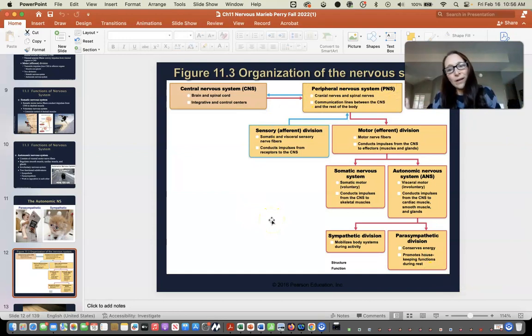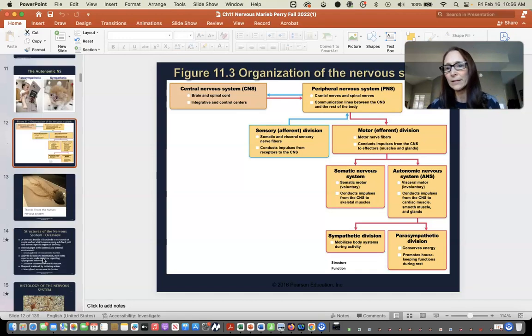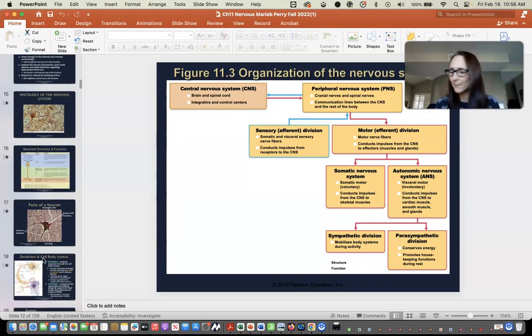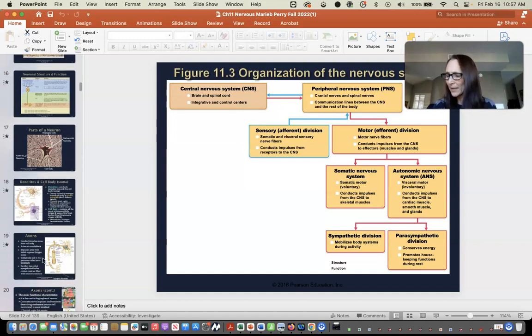It's not a bad idea to print this off and put that on your mirror. That way you're really comfortable with that organization of the nervous system, because that's going to be from here on out to the end of the semester. So I really like that diagram. That's a really nice diagram, a nice overview of the nervous system. So that's how the nervous system is divided up on that slide 12.